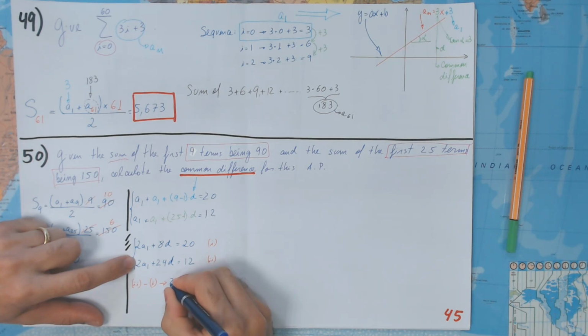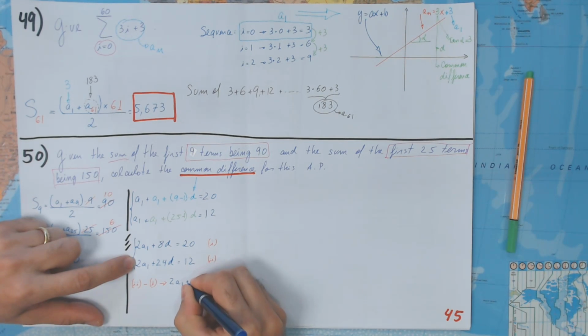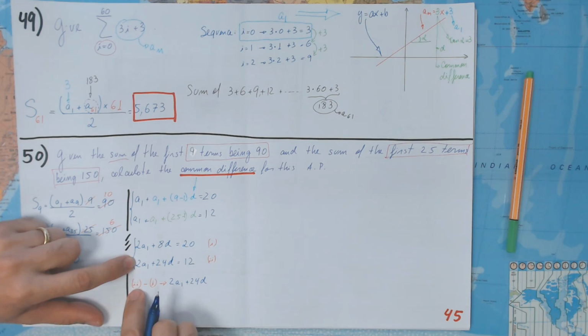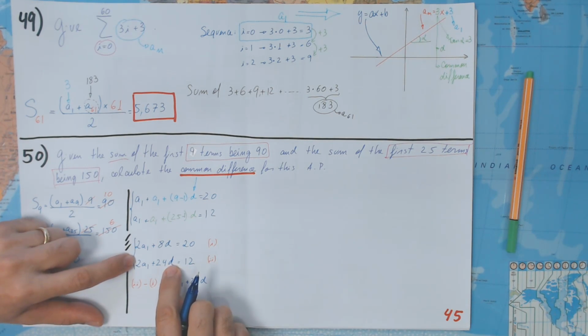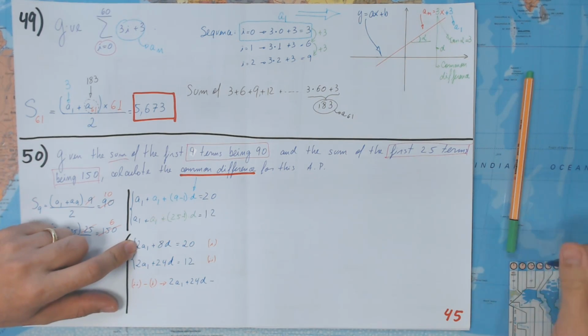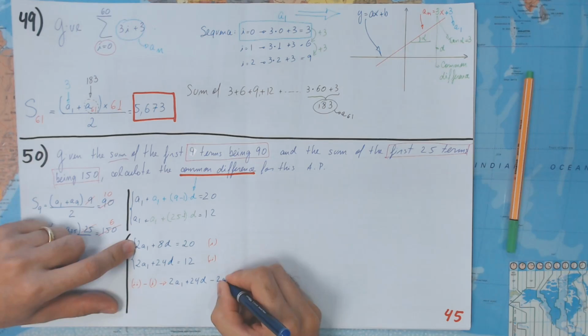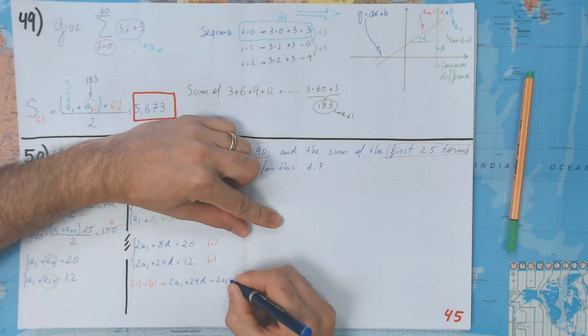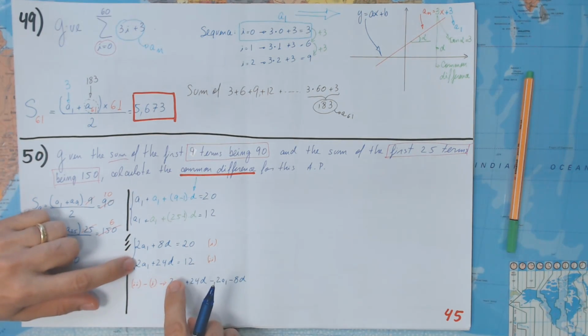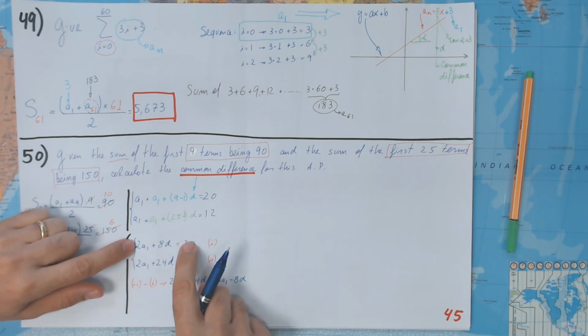So this is going to be 2a1 plus 24d. Okay, this is number 2. Now I'm going to subtract the first one. Now I have to place the first one. It's going to be now 2a1 minus 8d, because you see it is minus this, minus this, minus this.